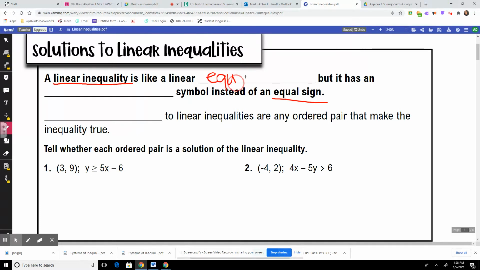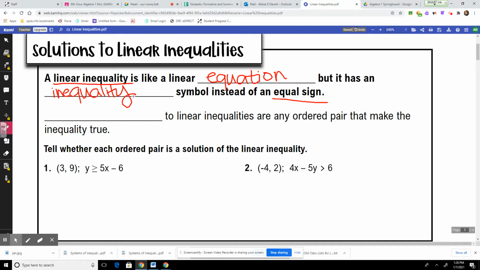Linear equations have equal signs, okay? But linear inequalities have a what symbol? An inequality symbol. So a linear inequality is like a linear equation, but it has an inequality symbol instead of an equal sign.